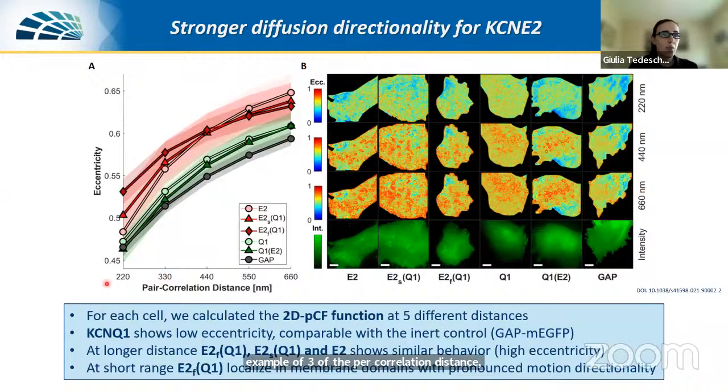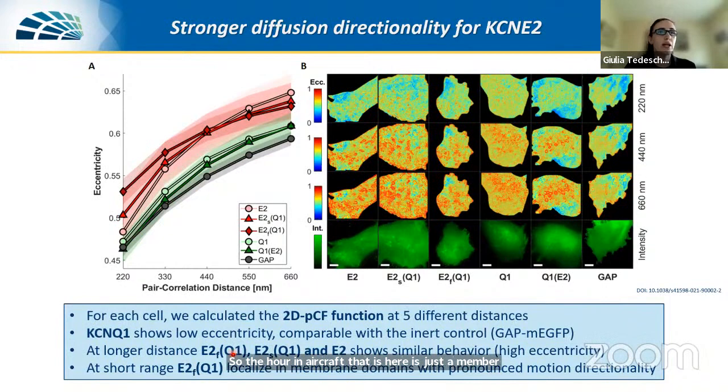From the data, we can see that KCNQ1 shows really low eccentricity, comparable with our inert control. Our inert control here is just a membrane-bound form of EGFP.